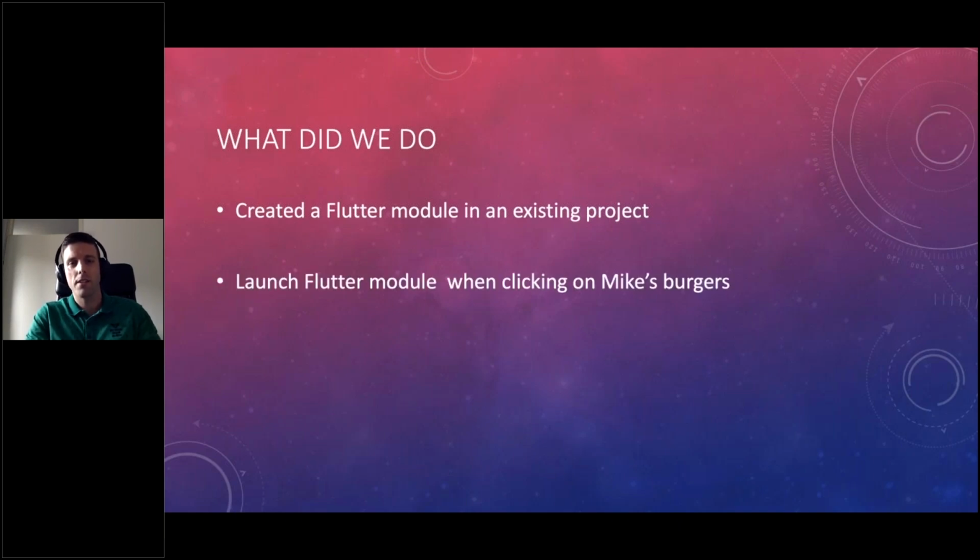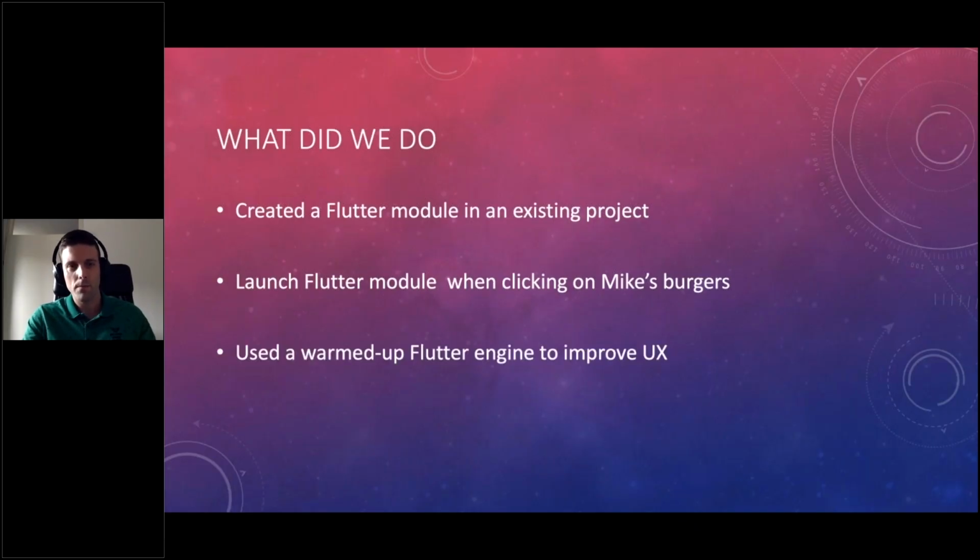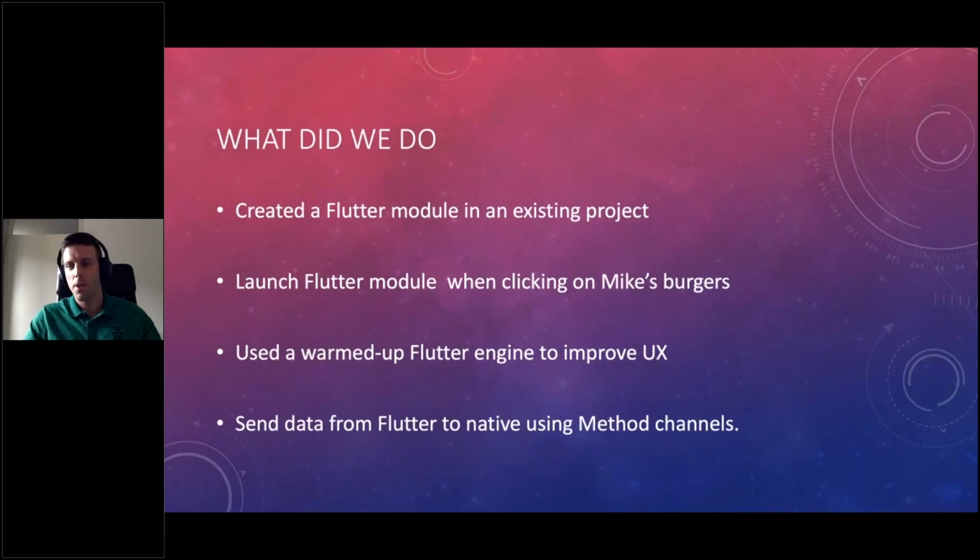Then we created the code, and we could launch the Flutter module when we clicked on the card for Mike's Burgers. Then, because we weren't happy with the user experience, we used a warmed up Flutter engine. And last but not least, we were able to send the data so we can provide a nice overview of the order.